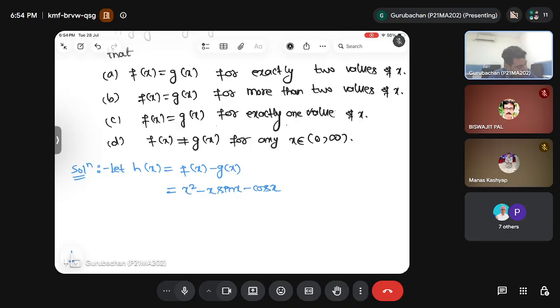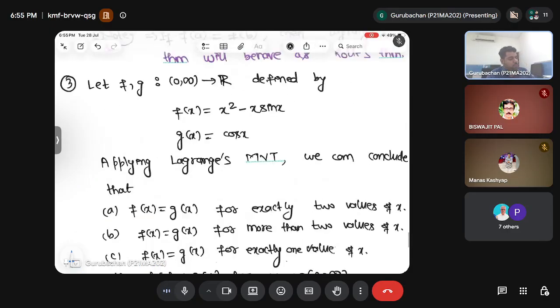Clearly h is differentiable. So what will be its derivative? 2x minus x cos x minus sin x plus sin x. So this will be x into 2 minus cos x.